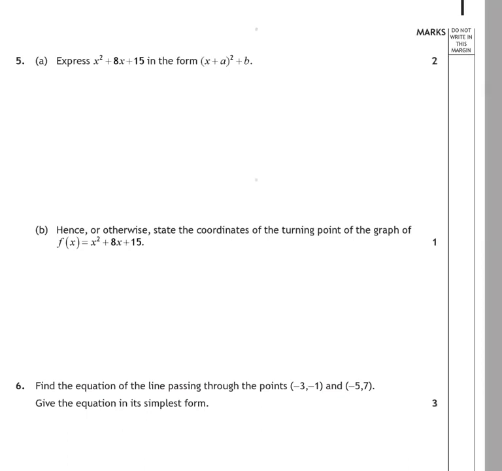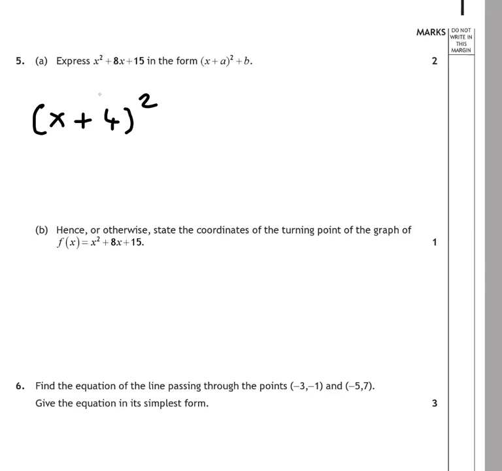Okay, question 5. Express x squared plus 8x plus 15 in the form, and then it's got the completed square form for that. So to complete the square, you just half the middle number. So you open two brackets first, put a square outside, and then it would just be x plus 4. So this number is always half of this number.